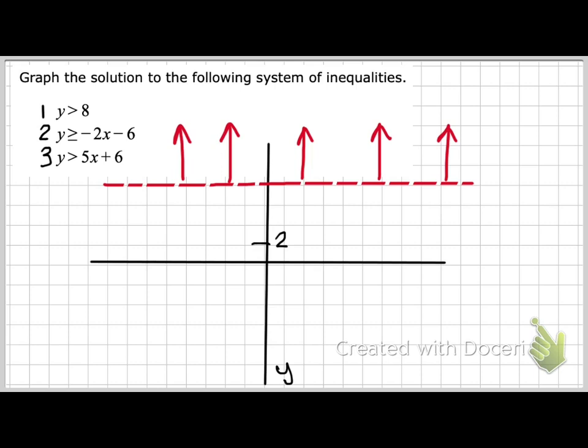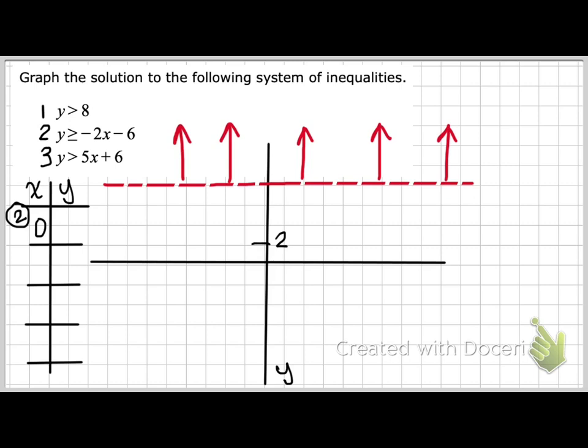Then taking the second one, what I like to do is find the x and y intercepts. I'm going to set up a table here, and you'll see how numbering this also helps when I set up the table, because I can say in the table here that I'm going to be doing number 2 when x is 0.